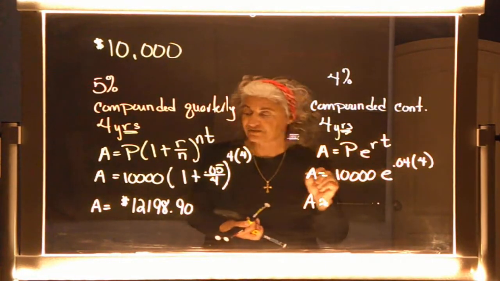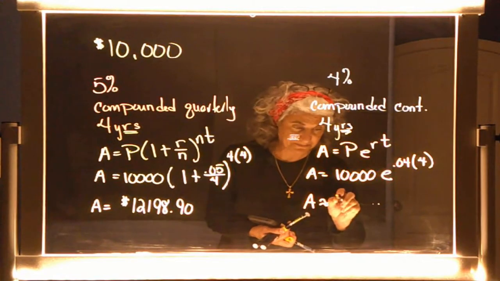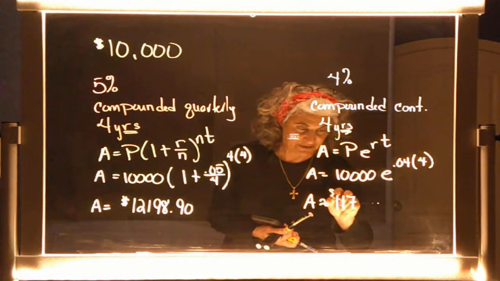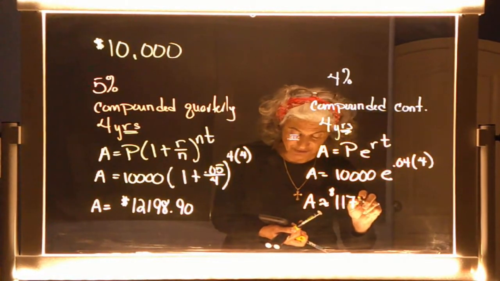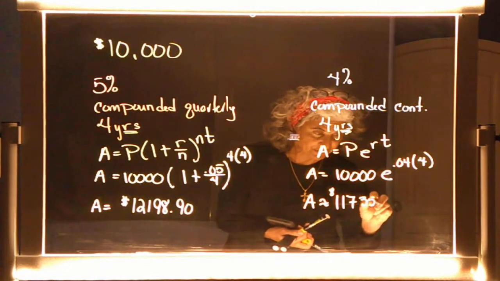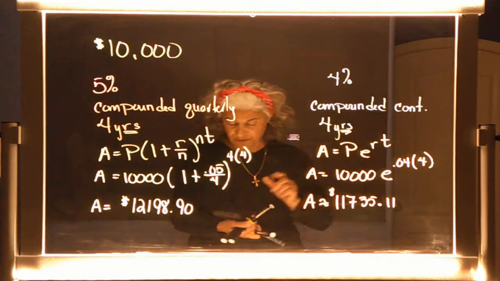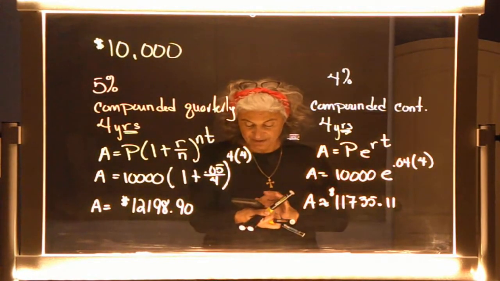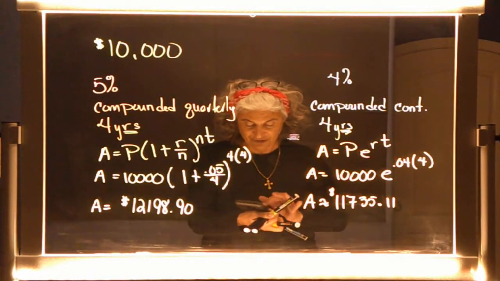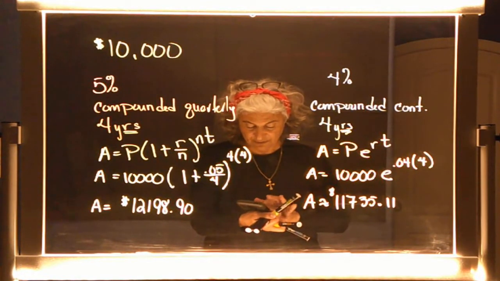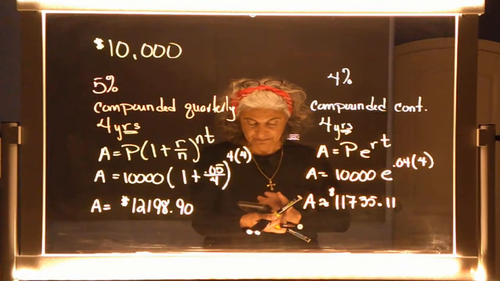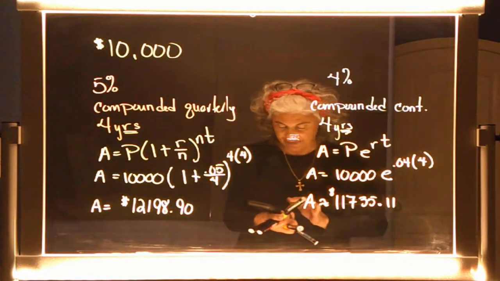Hopefully you agree with it. And again, I shouldn't have to tell you how many places to round, should I? I have $11,735.11. And I'm going to do one quick double check because it's always good to double check your answers in case we made a simple error punching, right? And I ended up with the exact same answer.